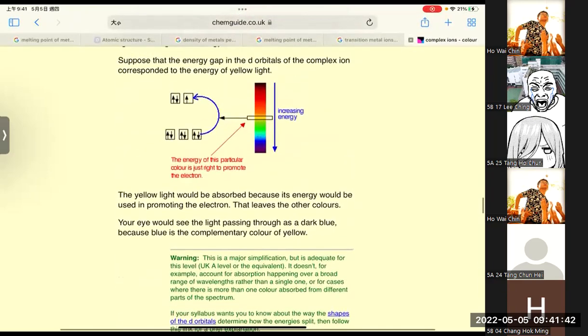Okay. So it is what we call d-d transition. And it happens when you have electrons filled in the 3d subshell. Do you understand? So you go back to the concept and you will get to know why most transition metal ions are colored.